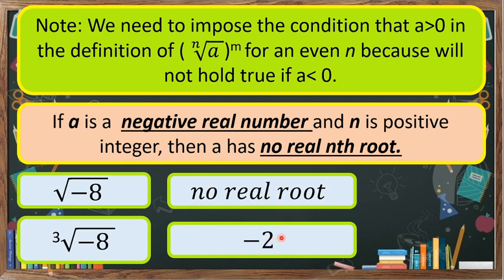Because we have here an exponent which is 3. But in negative 8 here, we cannot get negative 8 using an exponent or power of 2. Because if you multiply two numbers, you always get a positive number if they have the same sign. Therefore, there is no real root in an even index and negative radicand.